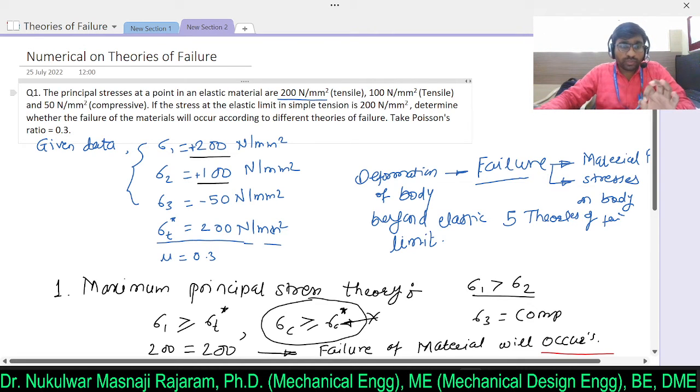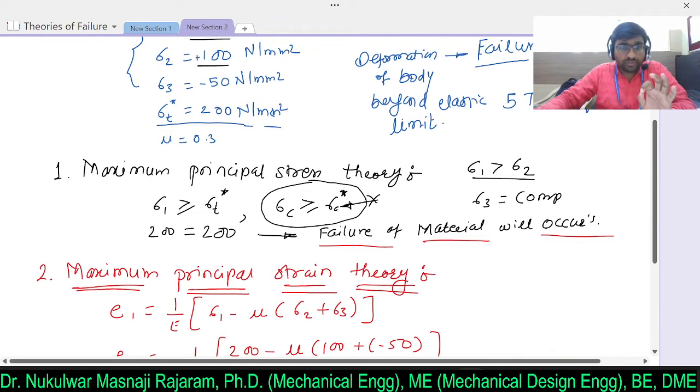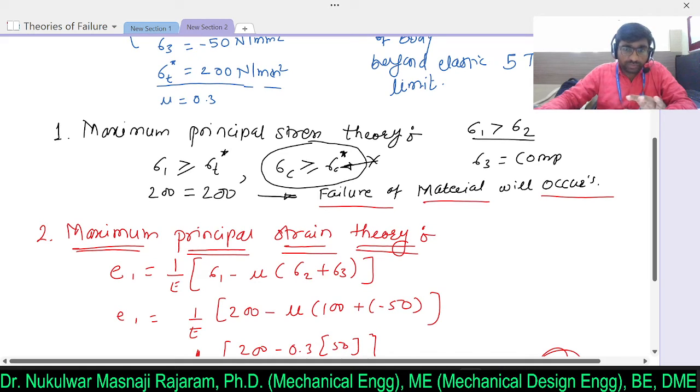Clear? So if a brittle material is there, at that time you must use the principal stress theory. The von Mises distortion energy theory is very important for ductile material. Clear? So from these two we can conclude that all these theories are made for specific conditions only, for specific materials only.